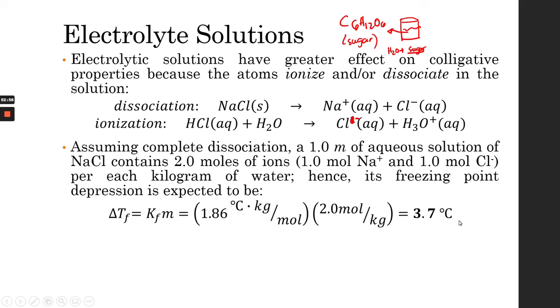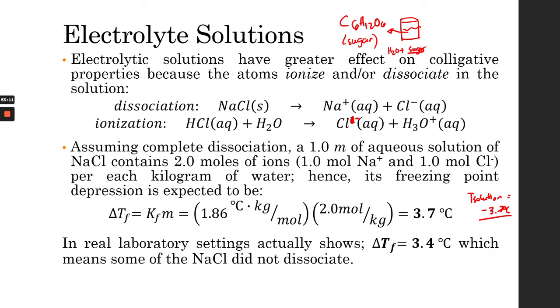So meaning, yung freezing point nung solution is negative 3.7 degrees Celsius. Pero in the real laboratory setting, kapag ginawa mo siya sa real lab setting, this is theoretical, okay? Ito lang yung theory. Pero kapag ginawa mo siya sa lab setting, ang makukuha mo is actually 3.4, which means some of the NaCl actually did not dissociate.